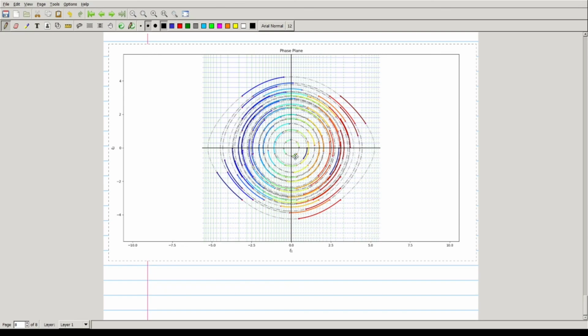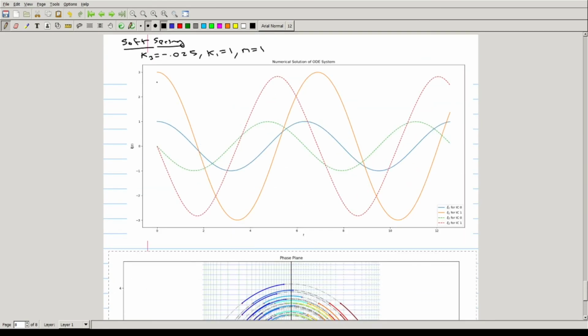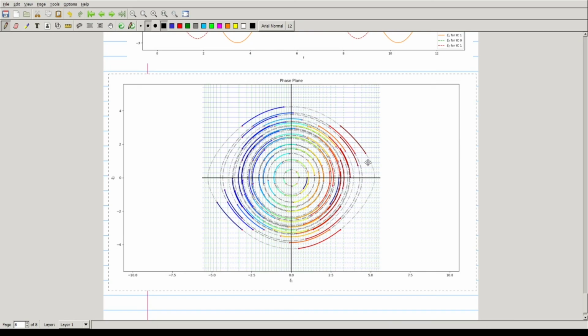And you see that for small values, you're getting approximately linear results, which are circles. But as you increase the size of the initial condition, you get different behavior. It's kind of a bowed out circle as you get larger and larger.